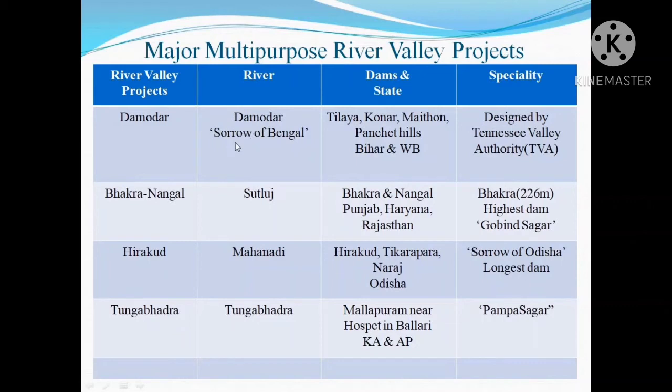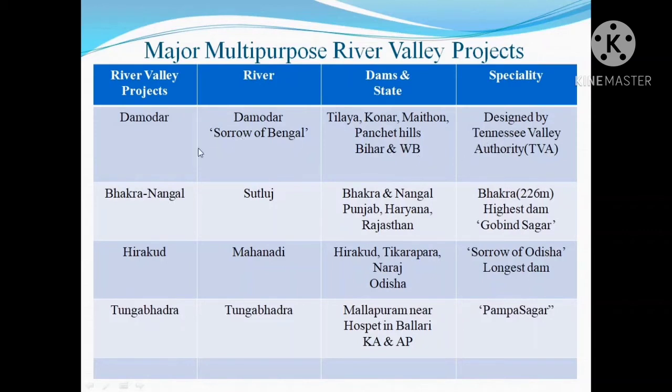The river Damodar is called the Sorrow of Bengal because in the rainy season it creates huge destruction because of floods. That's why it is called the Sorrow of Bengal. The dams were constructed across this river at Tilaya, Konar, Maithan, and Panchet Hills. And it is a joint venture of Bihar and West Bengal.